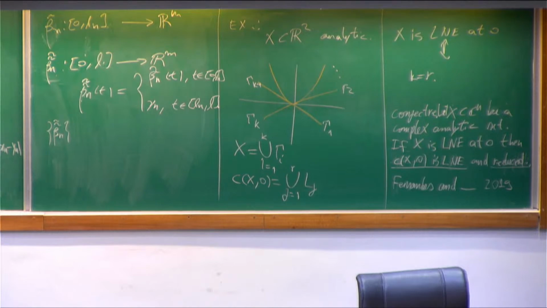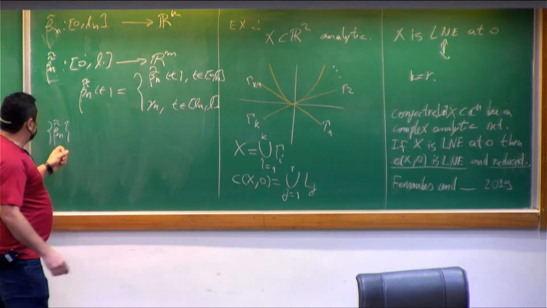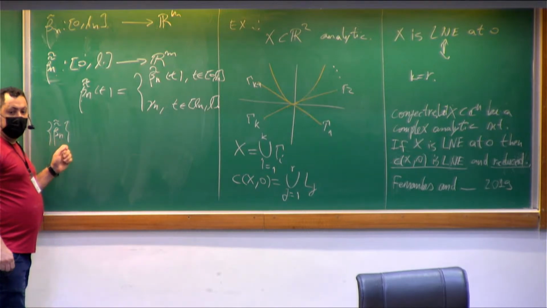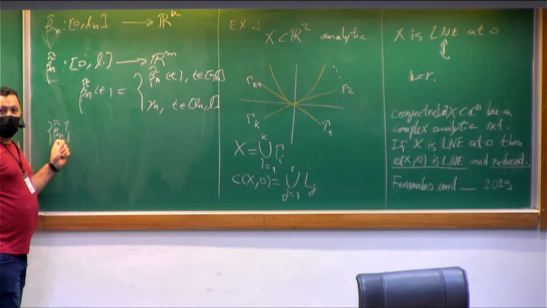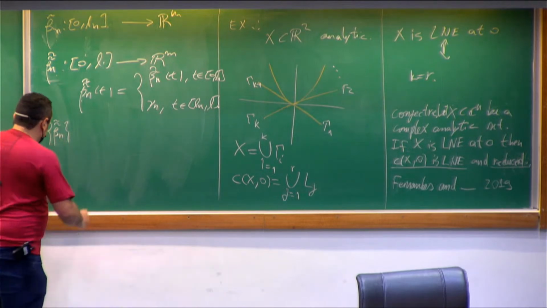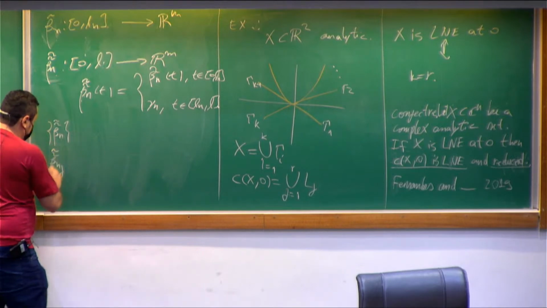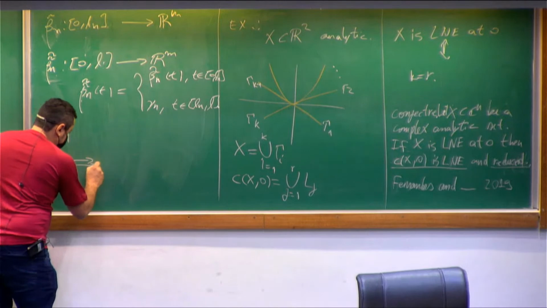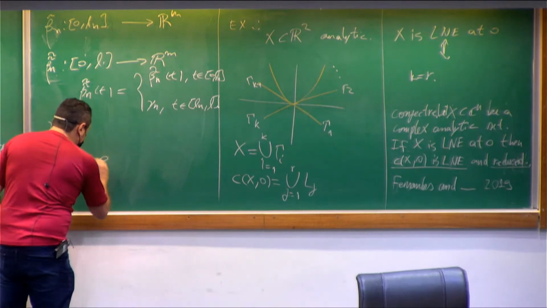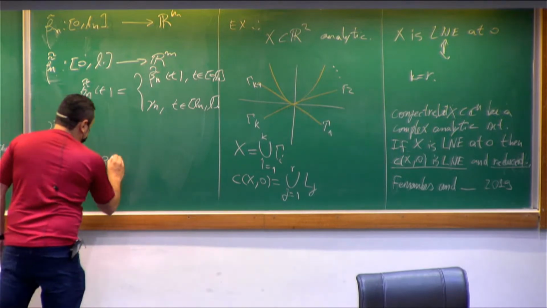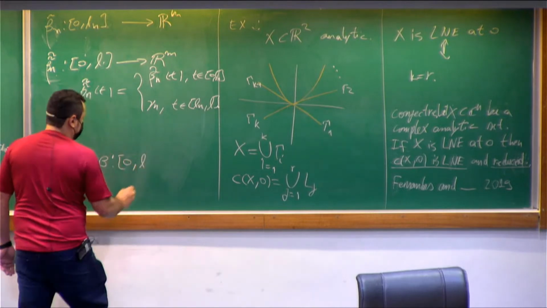So we can use the Arzelà-Ascoli theorem to extract a subsequence of this which is uniformly convergent. Let me assume this guy converges in a uniform way to some beta. And beta now is from 0 to L.